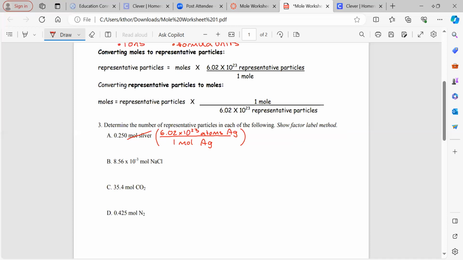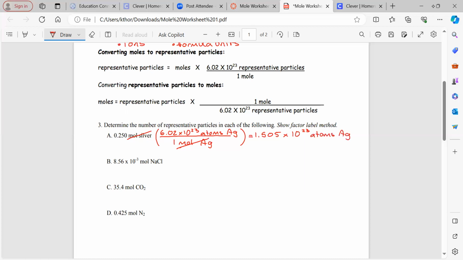In order for that to happen, I need to have the like term on the bottom here. That's how I know every time. So moles cancels out. So I'm going to put in my calculator 2.50 times 6.02. And I have a raw answer of 1.505 times 10 to the 23rd atoms of silver.